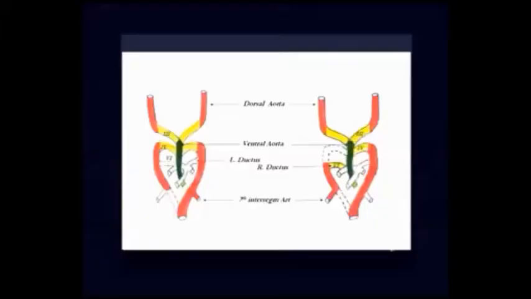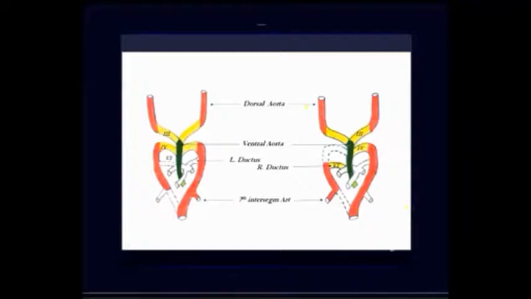And this is just an attempt to illustrate the embryology, which is explained on the basis of Edwards' hypothetical double arch system. The image you see on the right, you have the dorsal aorta in red, the ventral aorta is in green, and the arches are in yellow. What you see on the right-hand side here is attempting to show what happens before you get an isolated right subclavian artery.